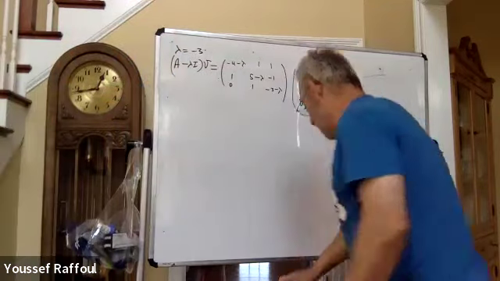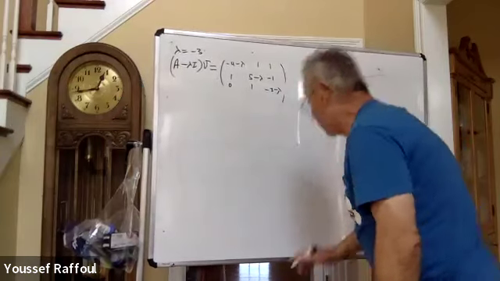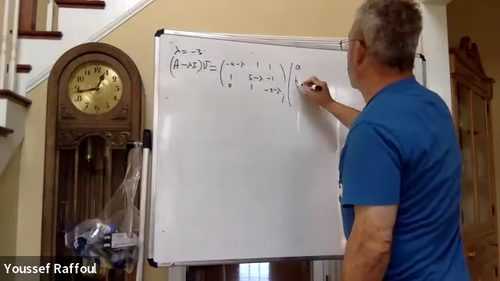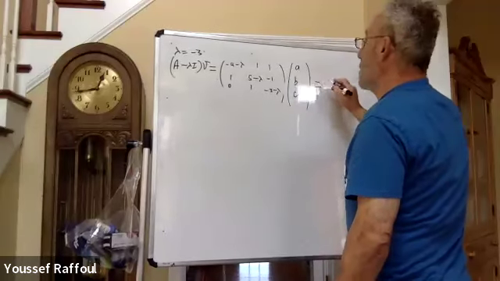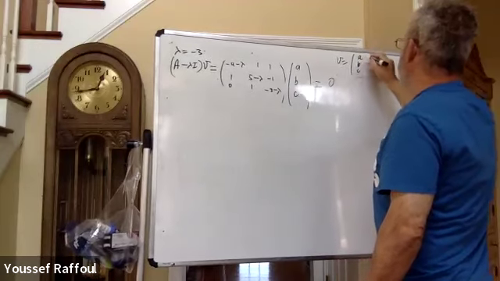Let me call this v. I don't want to call it... ABC equal to 0. So here v is ABC.